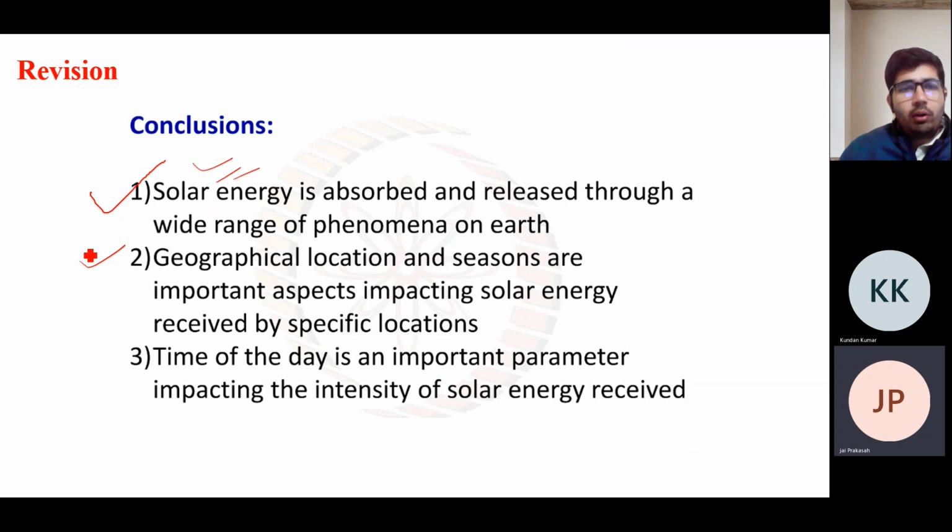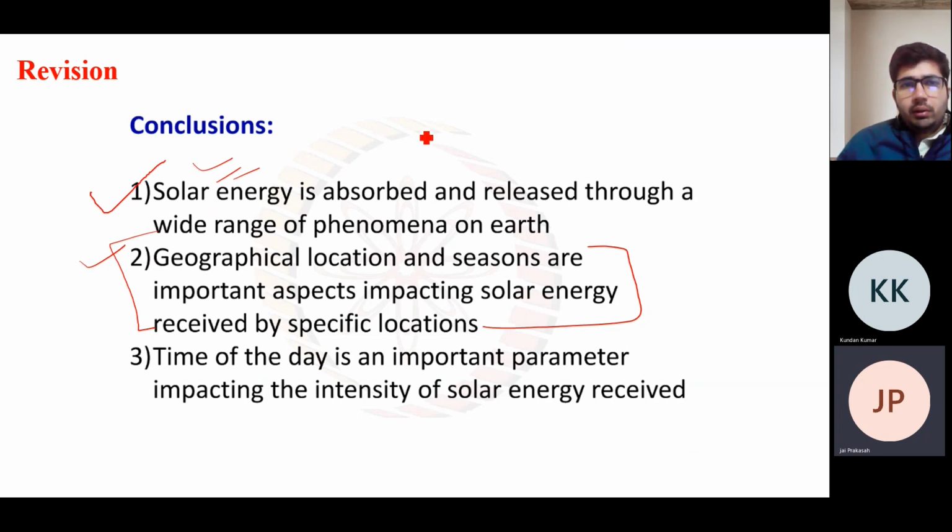The second one is: geographical location and seasons are important aspects impacting solar energy received by a specific location. We have also discussed that location is very important because some locations are perpendicular to the sunlight they receive, and some are at different angles.